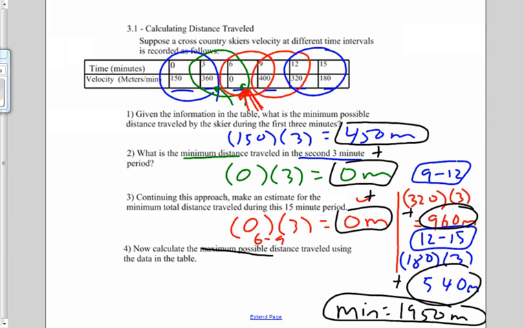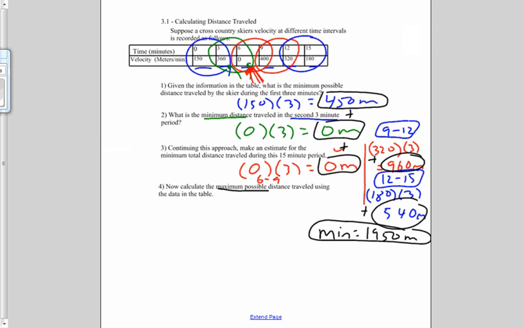Well, what about a maximum possible distance? For our maximum distance, we're going to do the same thing, only for each interval, we're going to choose the biggest velocity. So in the first 3-minute interval, we would choose 360 times 3. Between 3 to 6, let's choose 360 again.